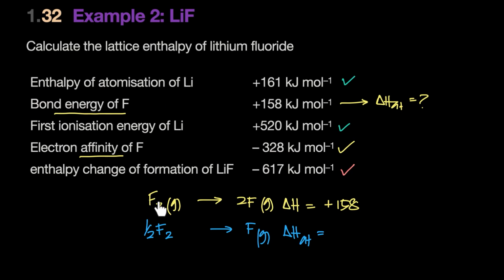Bond energy is for 1 mole of gaseous molecules, while atomization is for 1 mole of gaseous atoms, and many times atomization will be half of the bond energy. So it'll be half of 158. In this case, that comes out to, I believe, 79 kilojoules per mole. So they didn't give you atomization of fluorine, but you found it. And you save that. So we do the math beforehand and save it. So instead of using bond energy, we have converted that into atomization, and now I can use that ahead.